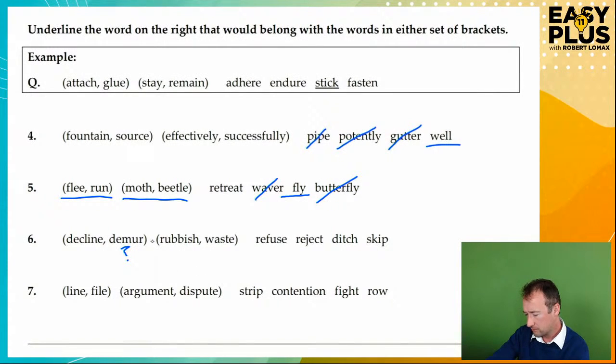So, rubbish and waste, probably nouns, meaning that stuff. Refuse, reject, ditch, skip. Hang on. Don't really match any of those. A skip is where you put the rubbish and the waste. It isn't the rubbish or waste itself. Likewise, a ditch. You can ditch something, but that doesn't really go with to rubbish something.